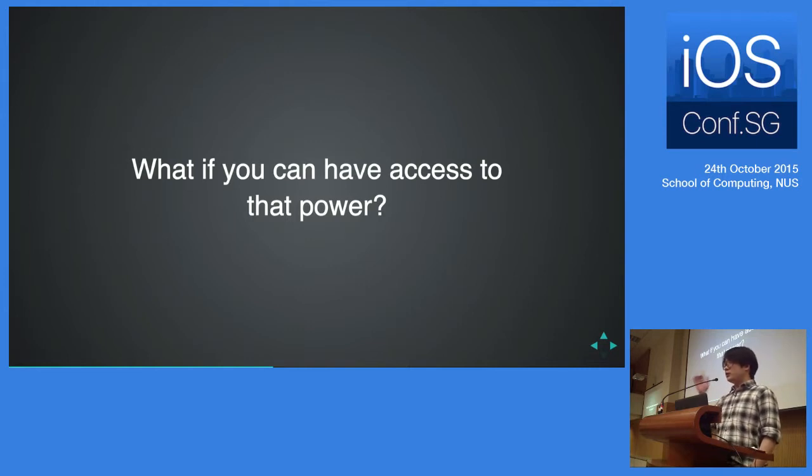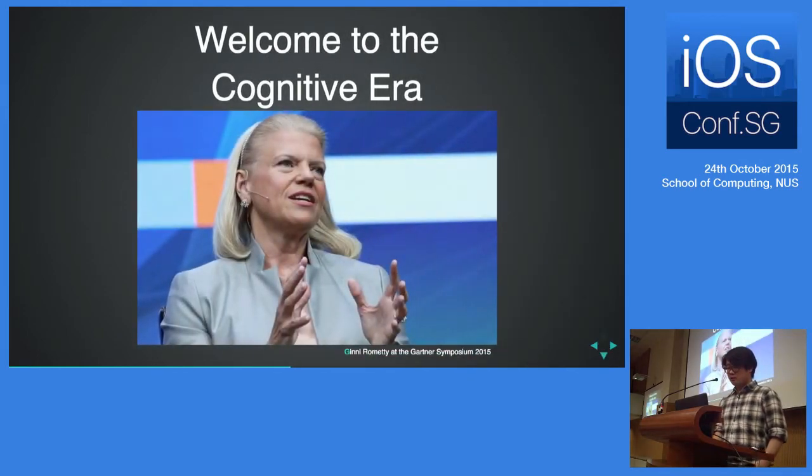And now my question to you as developers: what can you do if you have that kind of power, that kind of cognition? Jeannie Romeri, my CEO, just recently at Gartner Symposium 2015, basically said that we are in the age of the cognitive era.